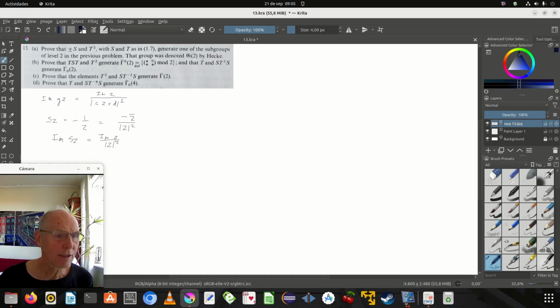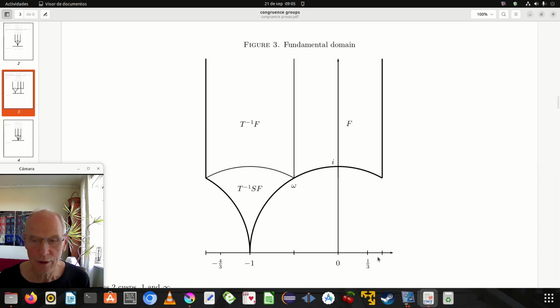And this means if this is less than unity, then the imaginary part is larger. Yeah, that's the idea I want to use on this fundamental domain. So if it's in the unit circle, then the imaginary part will be larger.